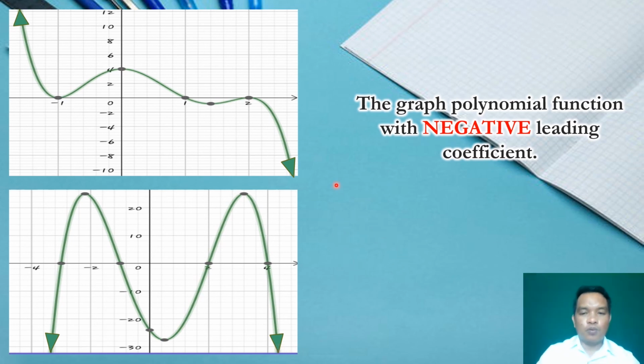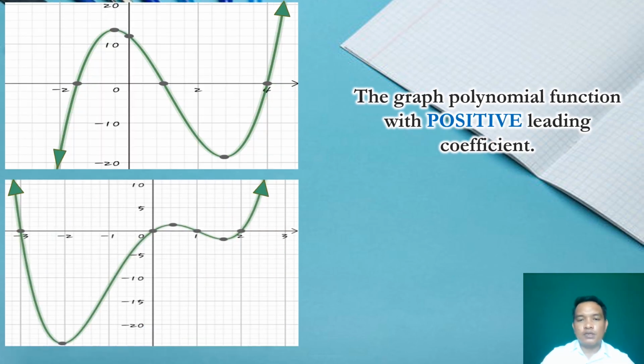So check naman natin yung mga graph of a polynomial function with positive leading coefficient. So kapag graph of a polynomial function with positive leading coefficient, it is always rising to the right. So, kung ikaw ay tao na may positibong pananaw sa buhay, magsimula ka man sa ilalim, at the end of the journey, ikaw ay magtatagumpay o pataas ka.